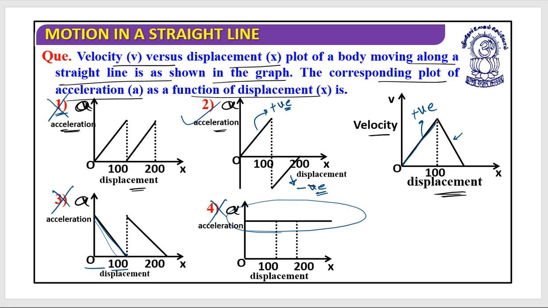Then we switched to graphs, and now we know all about graphs as well. So we are at 60 percent completion of this unit, because we are left with the equations of uniformly accelerated motion, motion under gravity, integration, and relative velocities.